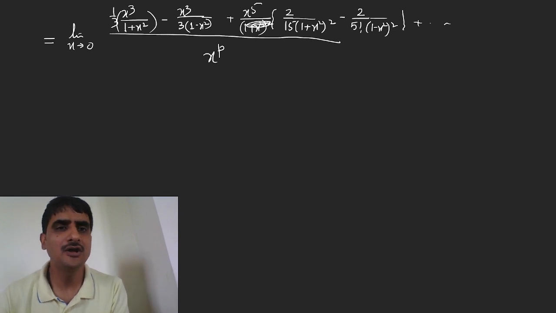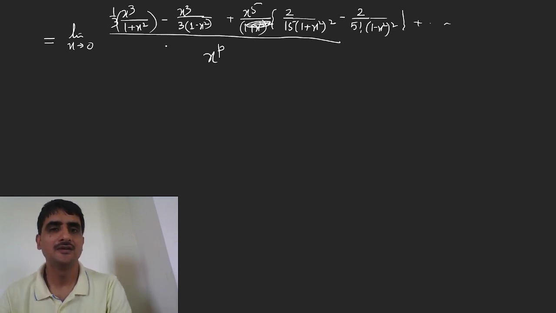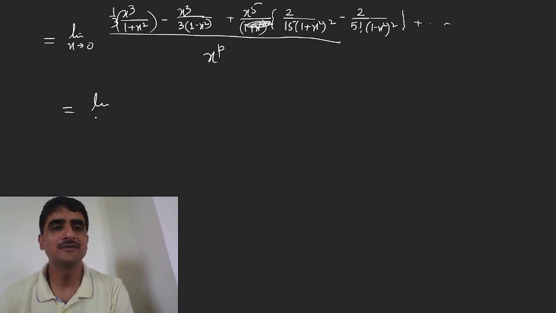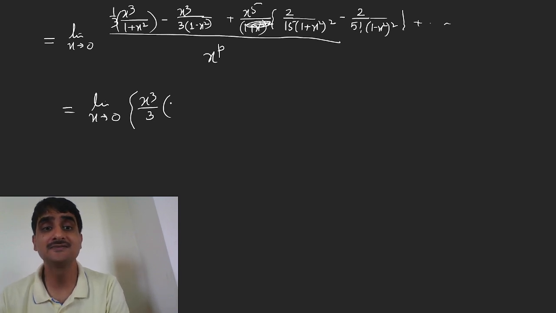Now you simplify this. Now when you simplify this, limit x tends to 0, you have x cube by 3 as common, 1 minus x square minus 1 minus 3, you have minus 2x square upon 1 minus x raised to power 4.